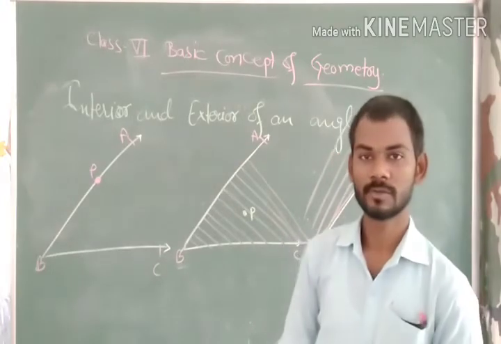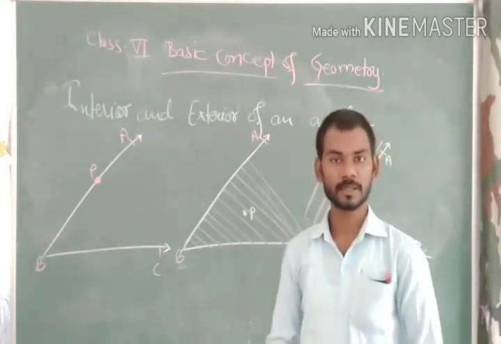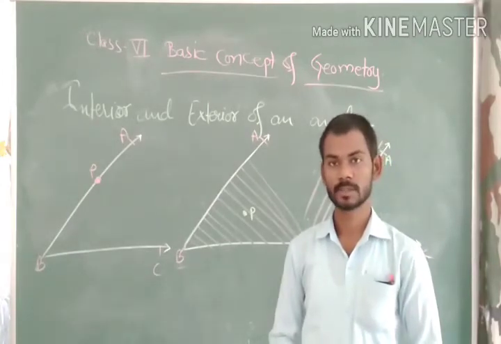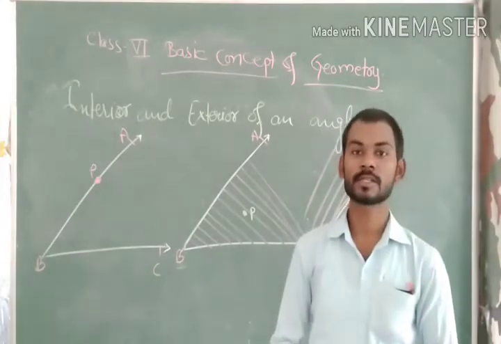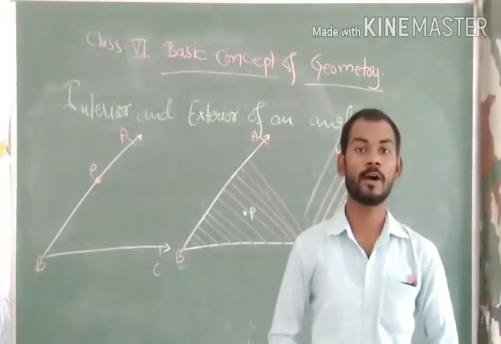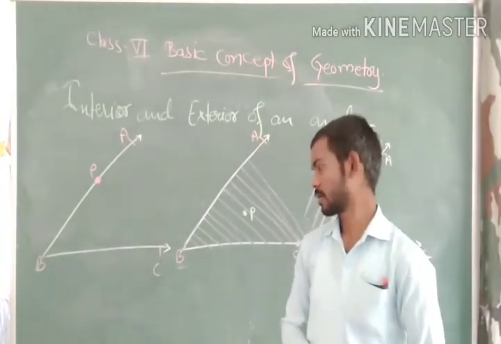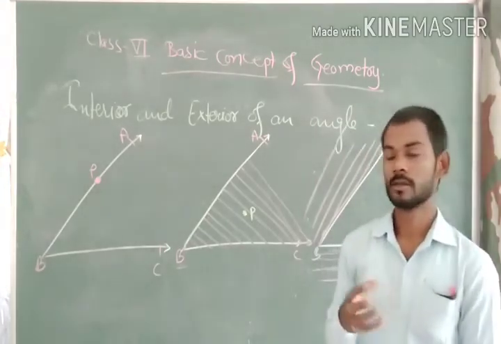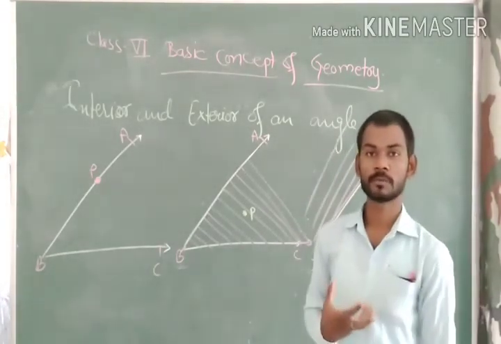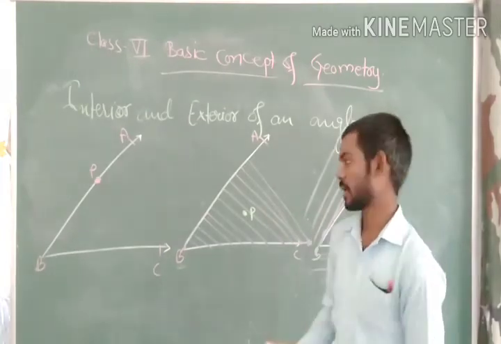Last video we discussed angles and also the notation of an angle, meaning how we give the name of a given angle. We discussed three types by which we denote an angle.